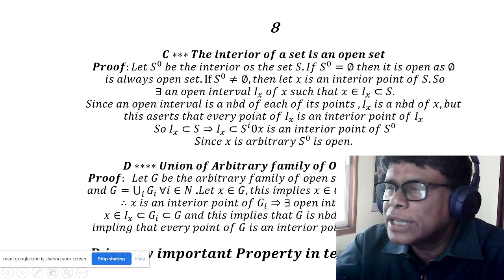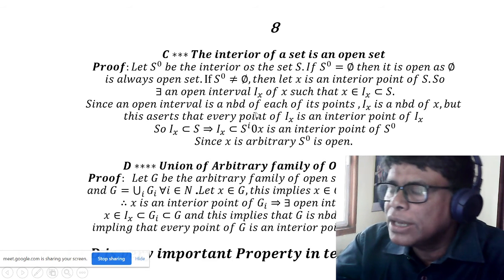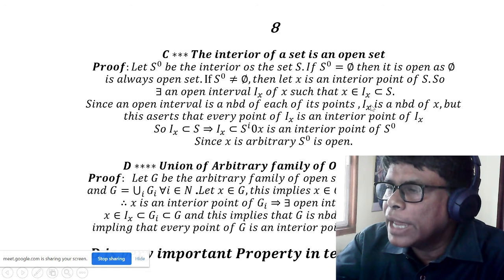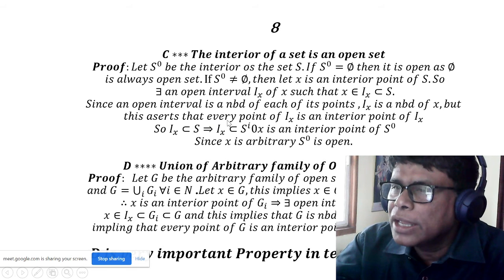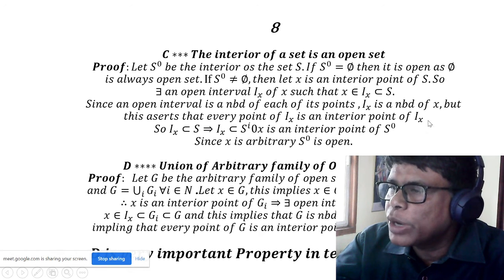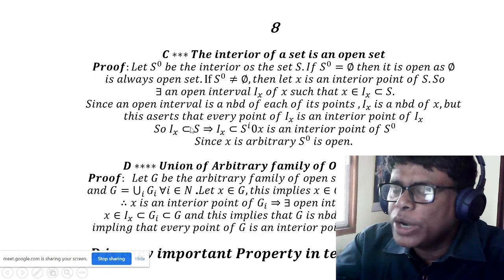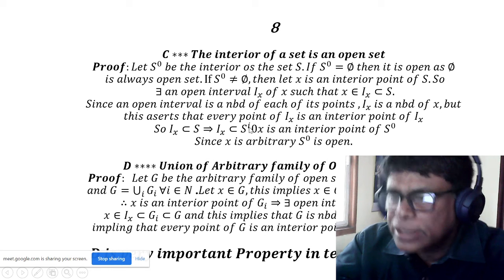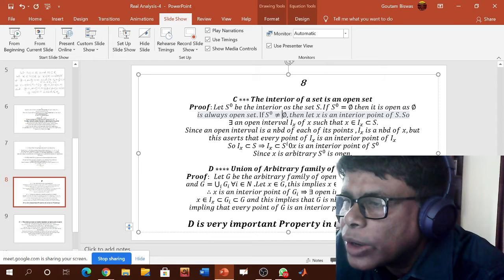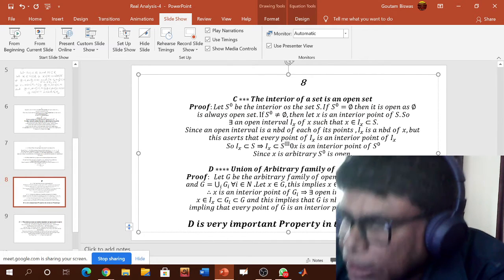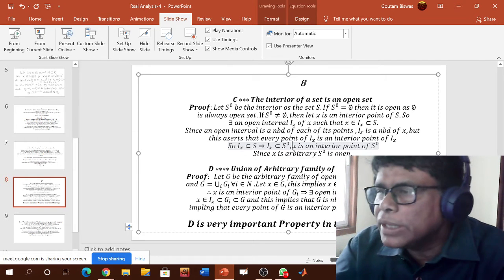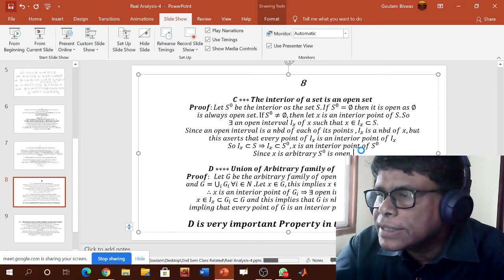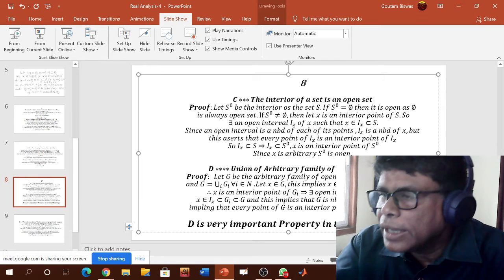Since an open interval is a neighborhood of each of its points, Ix is a neighborhood of X. This proves that every point of Ix is an interior point of Ix. So Ix contained in S implies Ix is contained in S0, and this means that X is an interior point of S0.